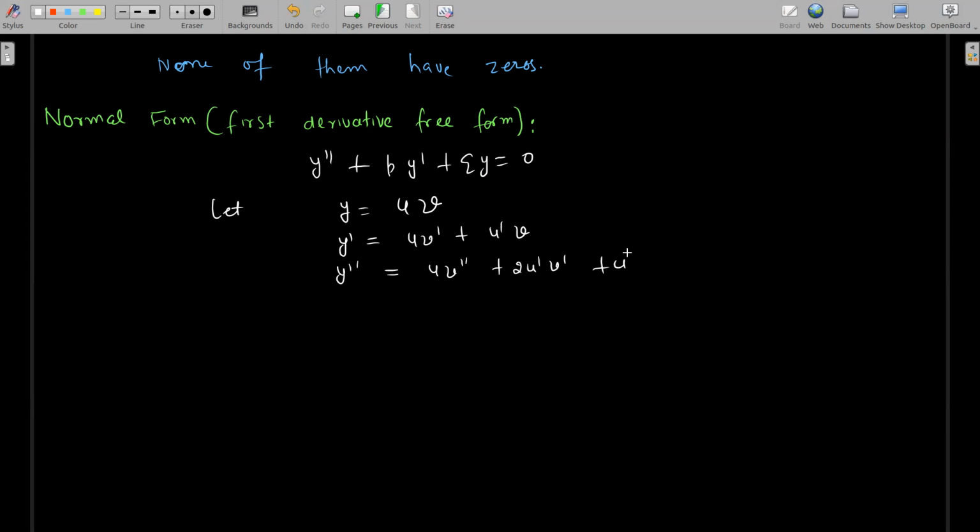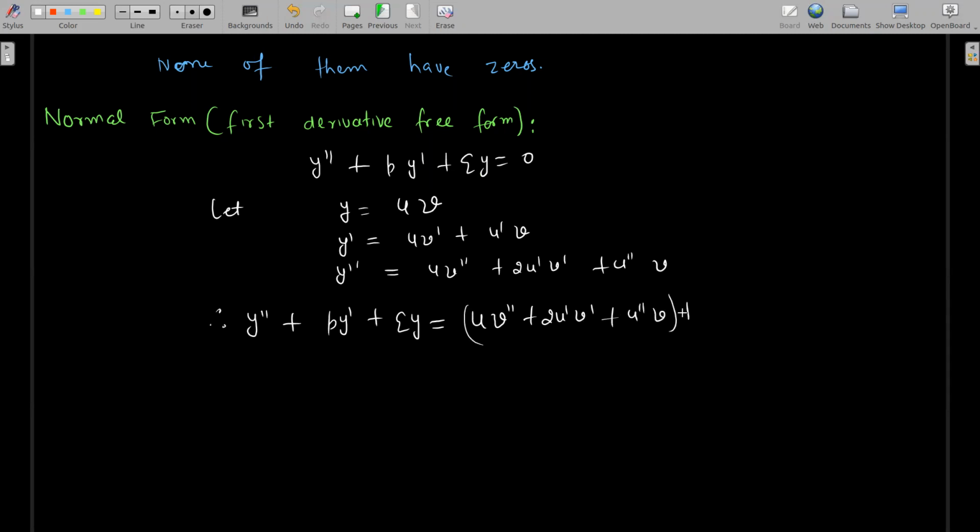Okay, just differentiate it. u and v, they are functions of x. Now substitute these derivatives in equation. So we have y double prime plus p y prime plus q y, equals to u v double prime plus u prime v prime plus u double prime v.